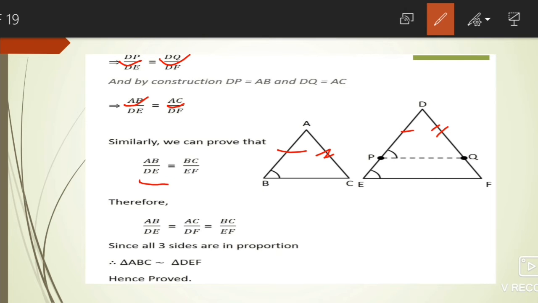So you are getting AB by DE is equal to AC by DF. Okay, so you are getting this relation. Now, AB by DE is equal to BC by EF. So you are getting this relation.